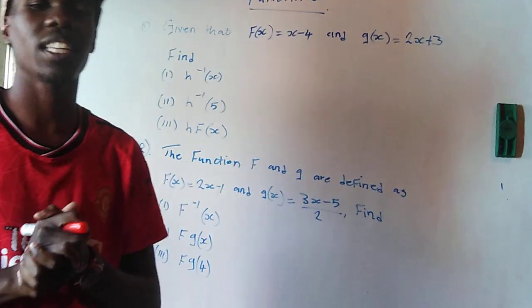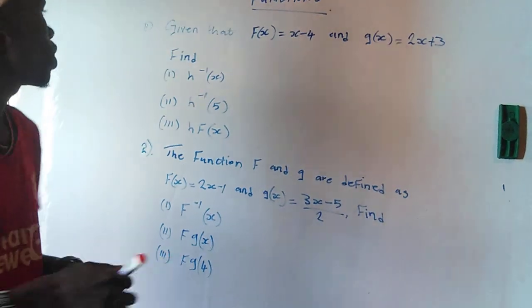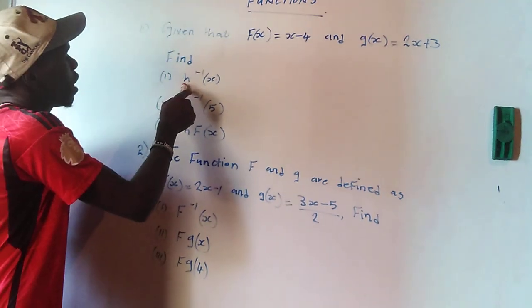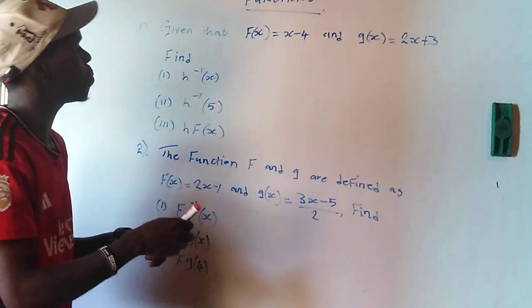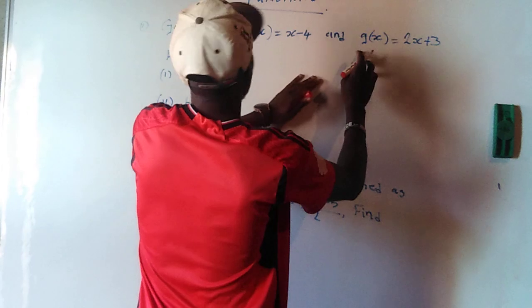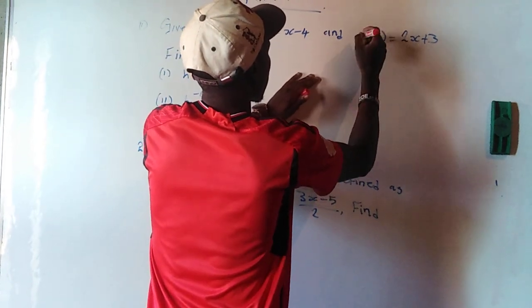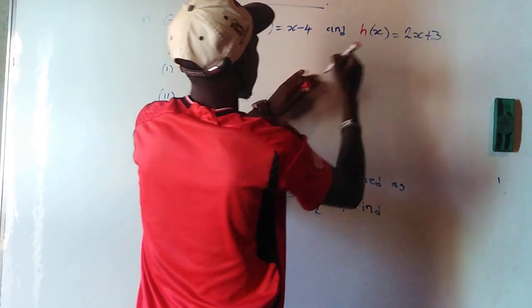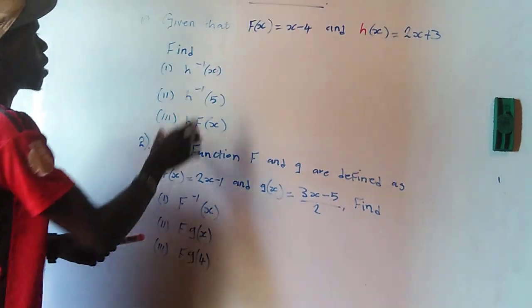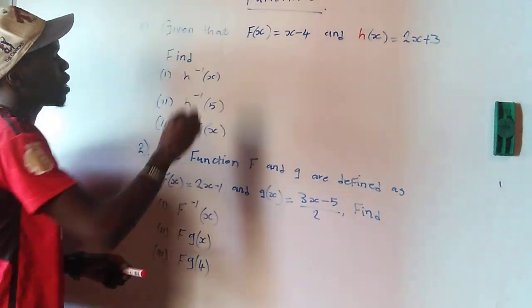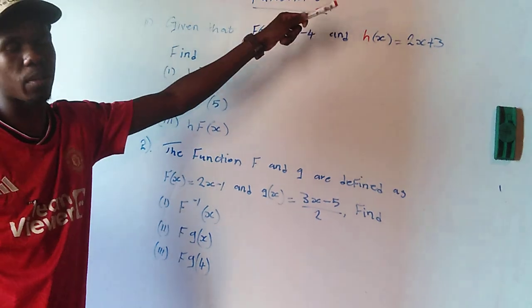This is how you find the inverse of the function. I'm having h here, so let me put h here. There was a slight error here, so it's h. Since there's an h here, there's also supposed to be an h from my expression.